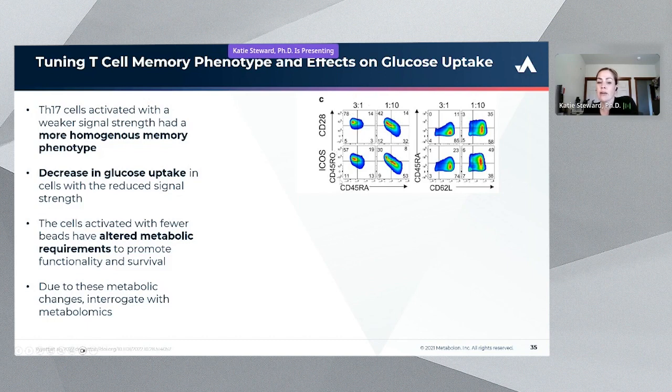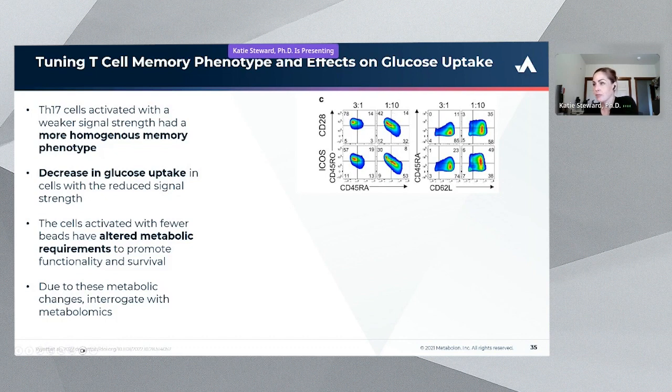The CD45RA measurement is indicative of a naive T cell, and the CD45RO is indicative of a less naive cell, as that's indicative of a T cell that's been exposed to different antigens.